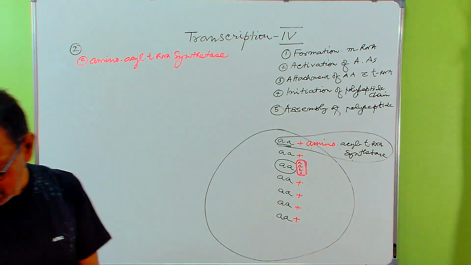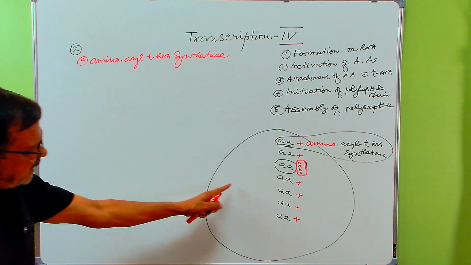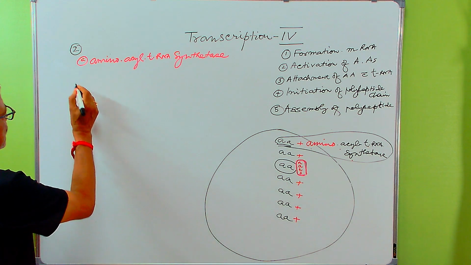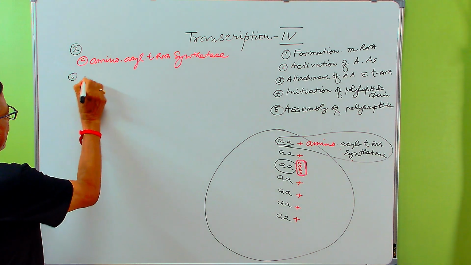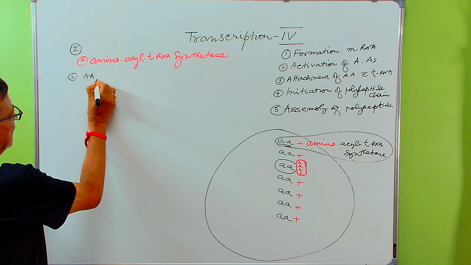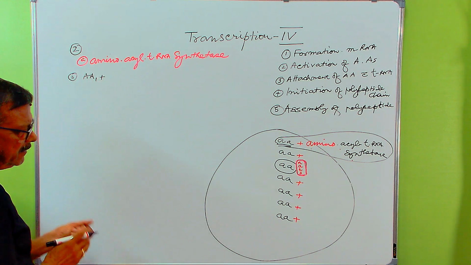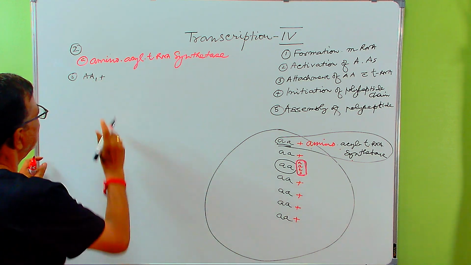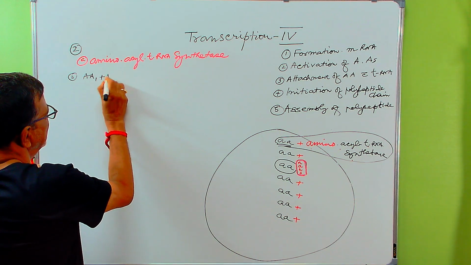And now the basic reaction you should write here. Amino acid with amino acid tRNA synthetase, ATP is required here.